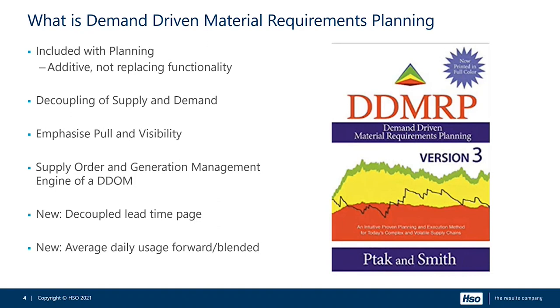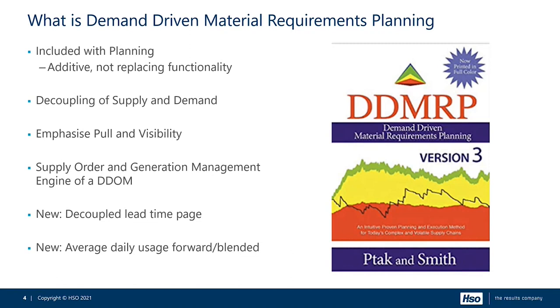That's been around a while, but demand-driven material requirements planning has been brought in the last couple of releases and been enhanced in this release. So it's included with the planning optimization, and it's additive. It's not replacing any functionality. DDMRP is an industry standard approach, which comes from that book there on the right, which you can grab off your favorite book site.